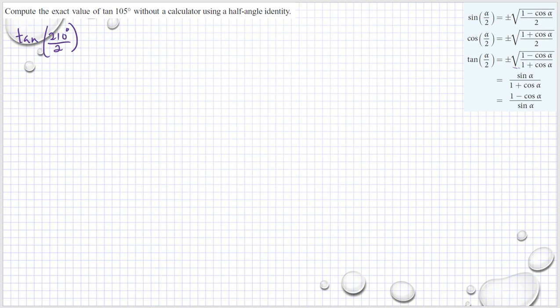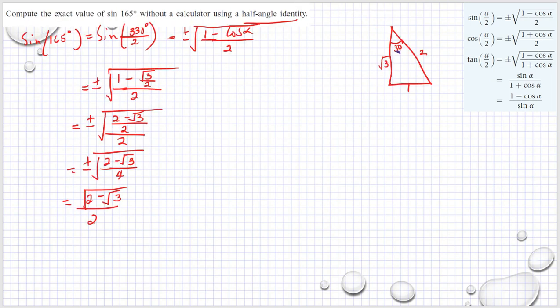And 210 is 180 plus 30 degrees. Then we are interested in 30 degrees, which we already did in our previous example. For cosine, we have square root of 3 divided by 2, and for sine, that is 1/2.